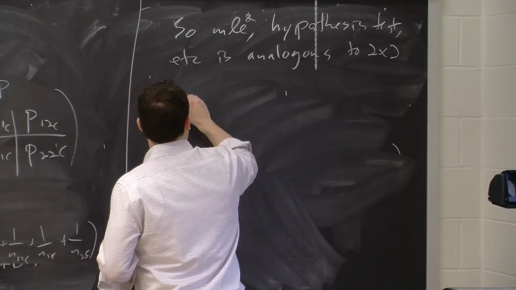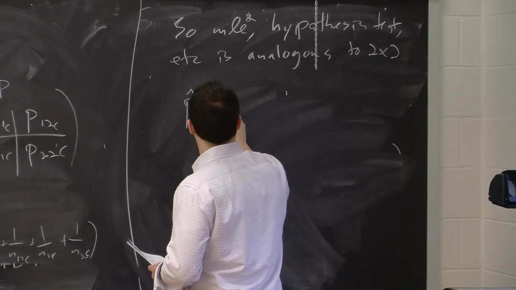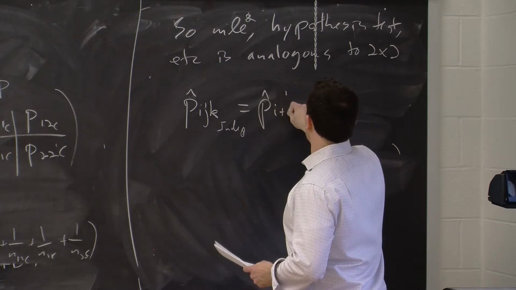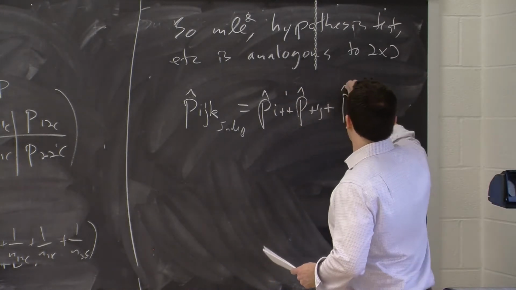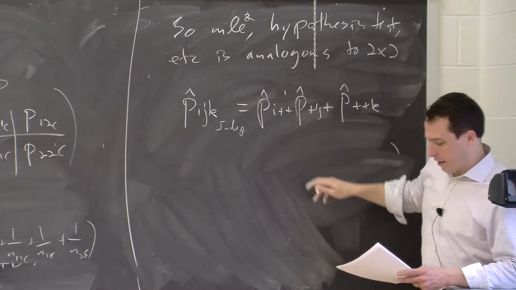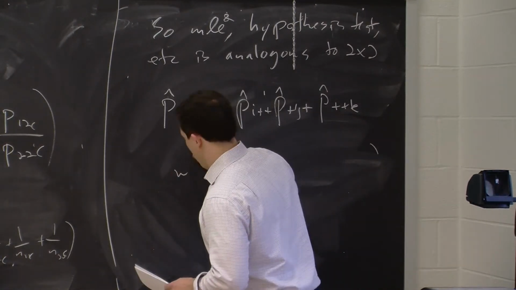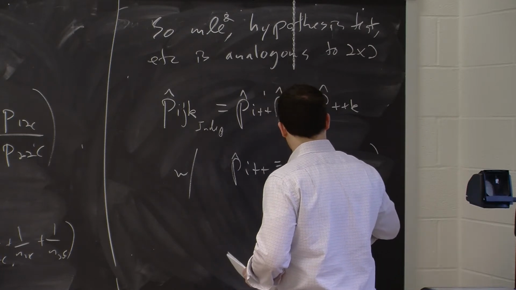So my p hat ijk under the independence model is just p hat i++ times p hat +j+ times p hat ++k, where p hat i++ is n i++ divided by n+++.